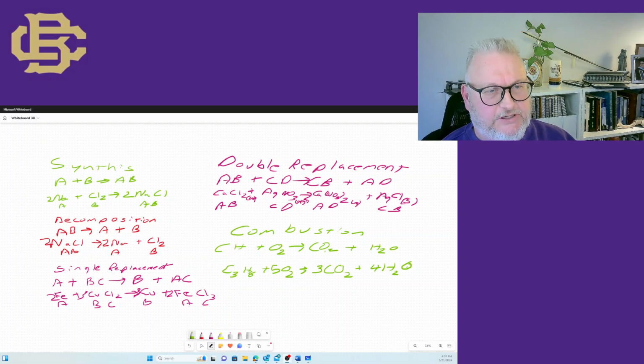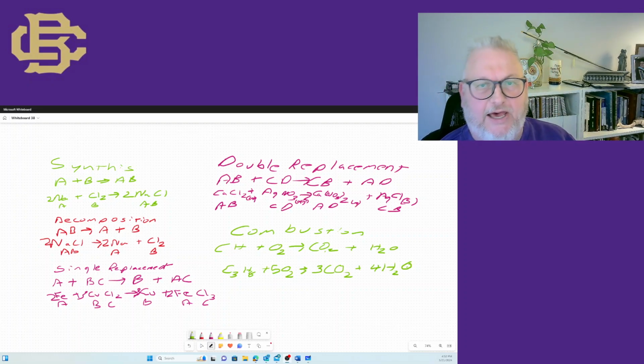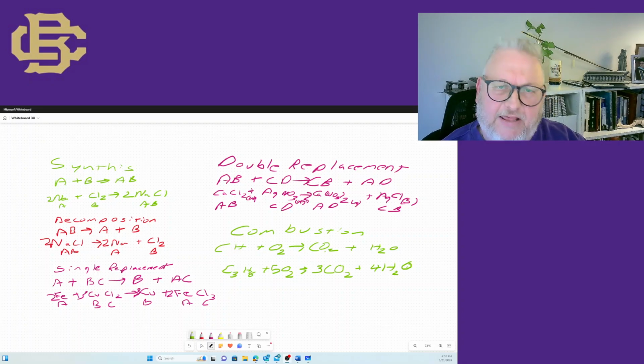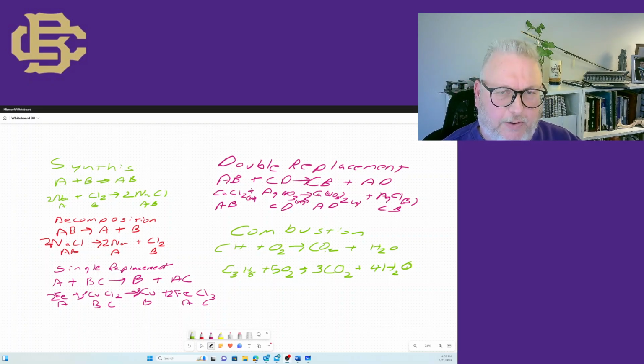Single replacement, you have one single by itself that replaces one thing on the reactant side, and then you got something different by itself on the product side. Double replacement, you got 4 big things, and they switch up with each other. And of course combustion, I think it's pretty easy. You've got a hydrocarbon, you've got oxygen on the reactant side. Your 2 products are always going to be CO2 and water.